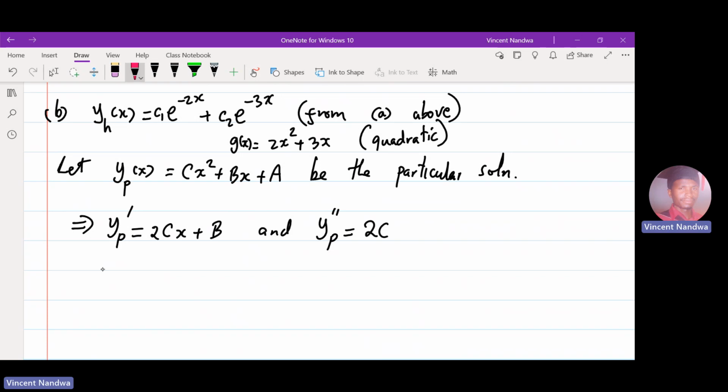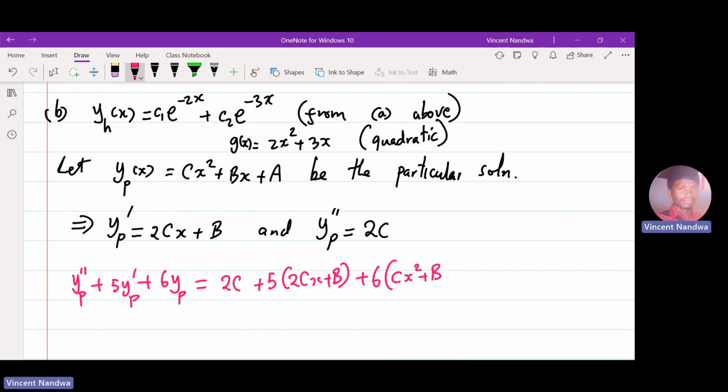So we have y double prime plus 5y prime plus 6y. Now, because we have said yp is a solution, when I put p here, here, and here, I'll get 2c plus 5 into yp prime, which is 2cx plus b, plus 6yp, and yp is cx squared plus bx plus a.